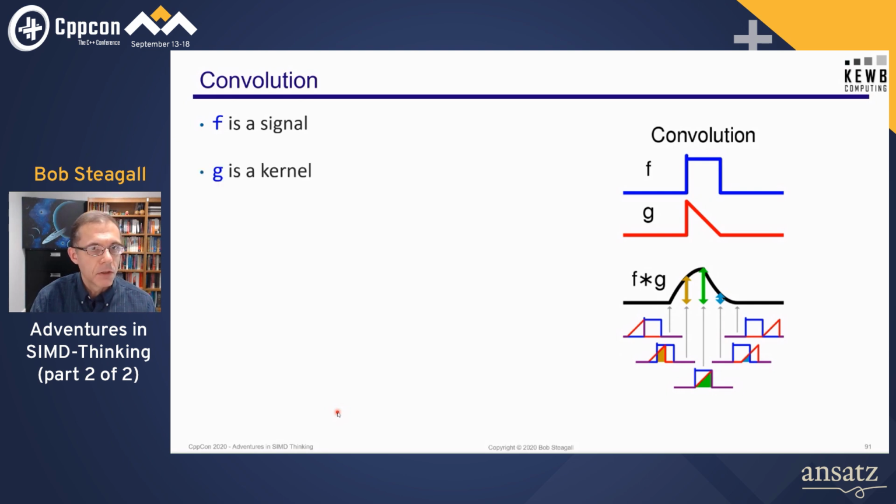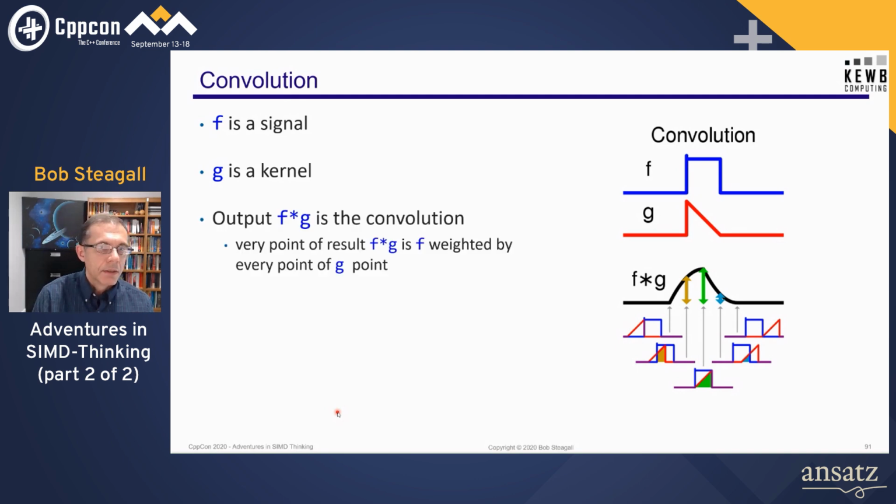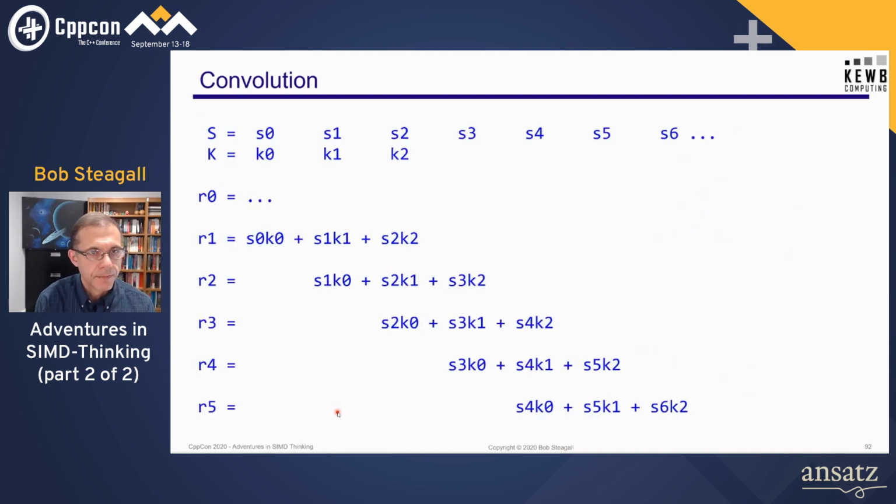So f is a signal and g is something that we typically call a kernel, and f star g is what we call the convolution. The point of convolution is that every point of the result f star g is f weighted by every point of g. It's useful for smoothing signals and for denoising.